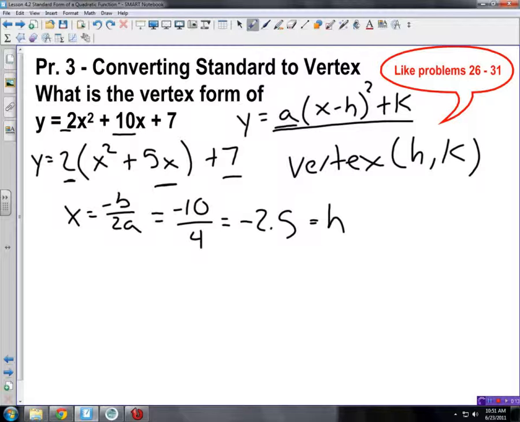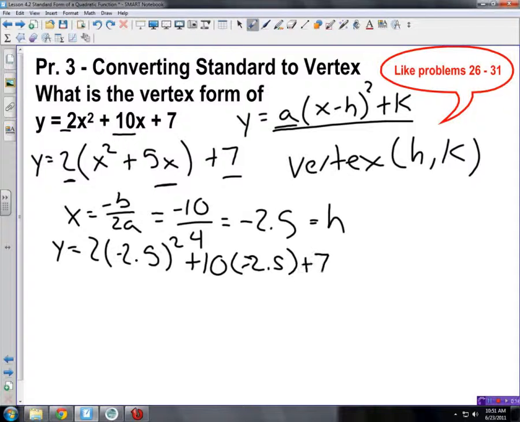To find k, we need to plug that negative 2.5 in. So we're going to have y is equal to 2 times negative 2.5 squared plus 10 times negative 2.5 plus 7.